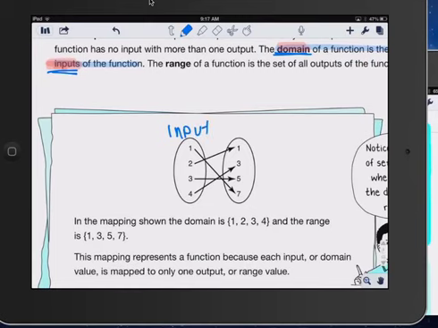What's another name for input? Domain. Domain is the same, they are synonyms of input and the variable x. Range. I want you to read the range. Leader, read range.